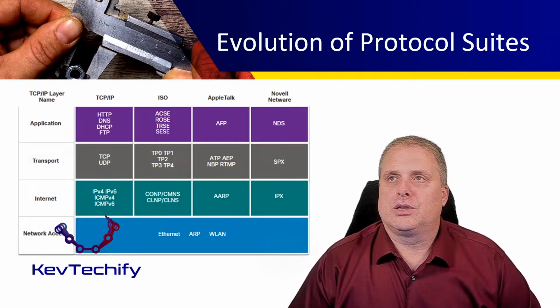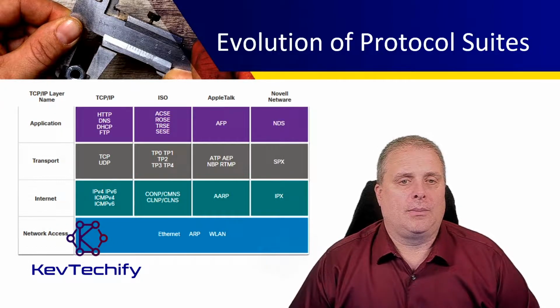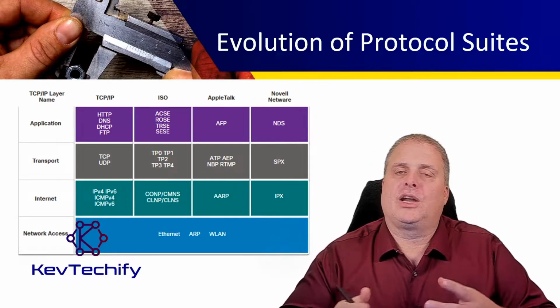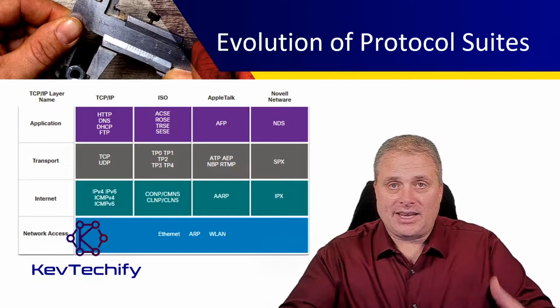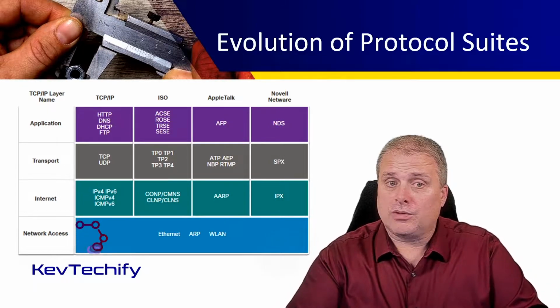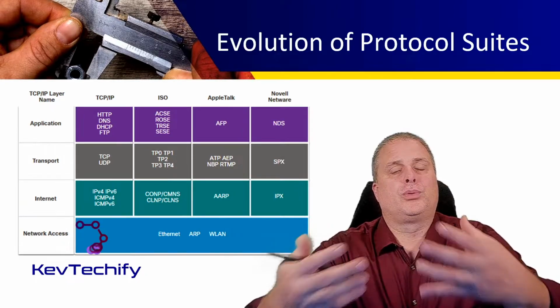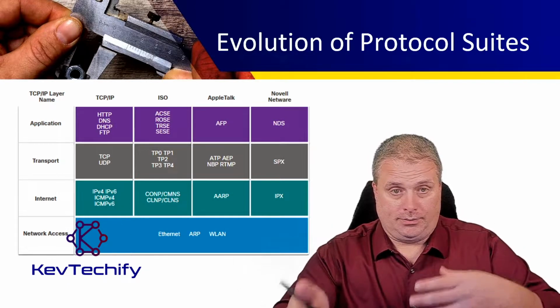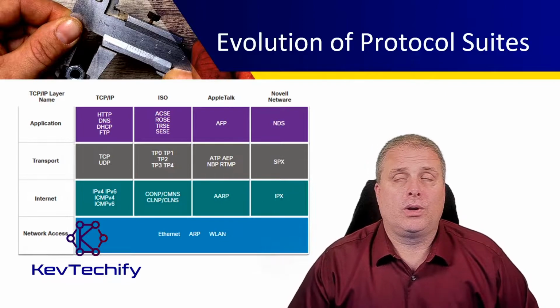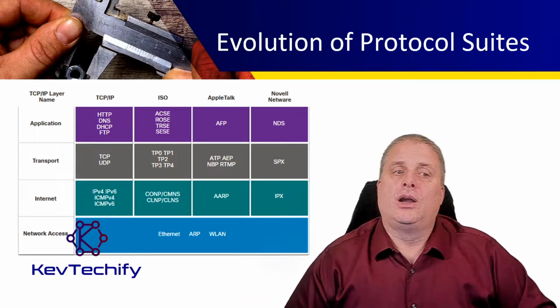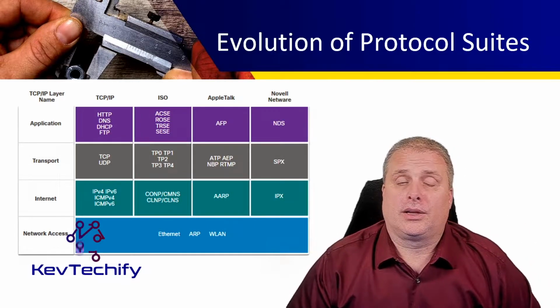But as networks and the needs and the traffic and the data that travels across those networks have evolved and changed over time, different needs have come. And so that's where we built different protocols to come in and replace that. So AppleTalk and Novell typically aren't used anymore because there's better products out there. TCP is the better product.